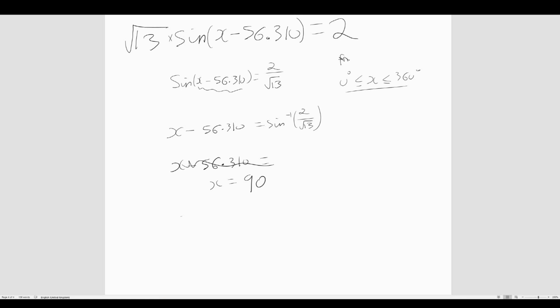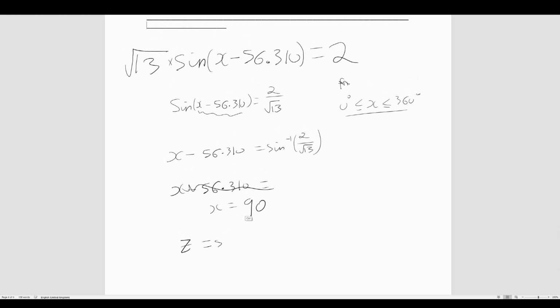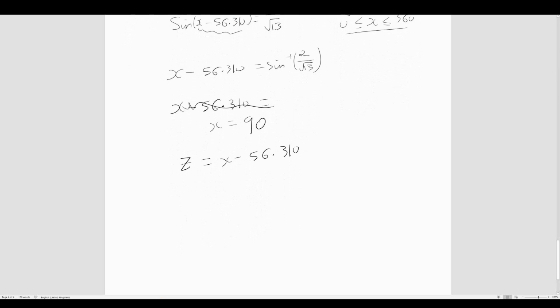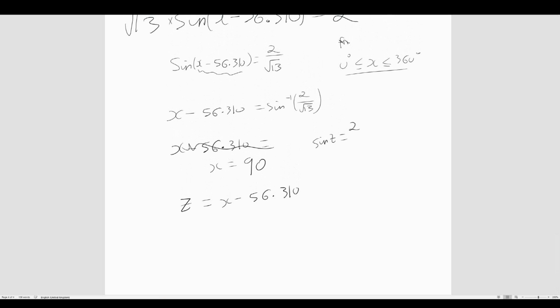So what I'm actually going to do is let z be x minus 56.310. So basically, I'm going to have sine z equal to 2 over root 13.